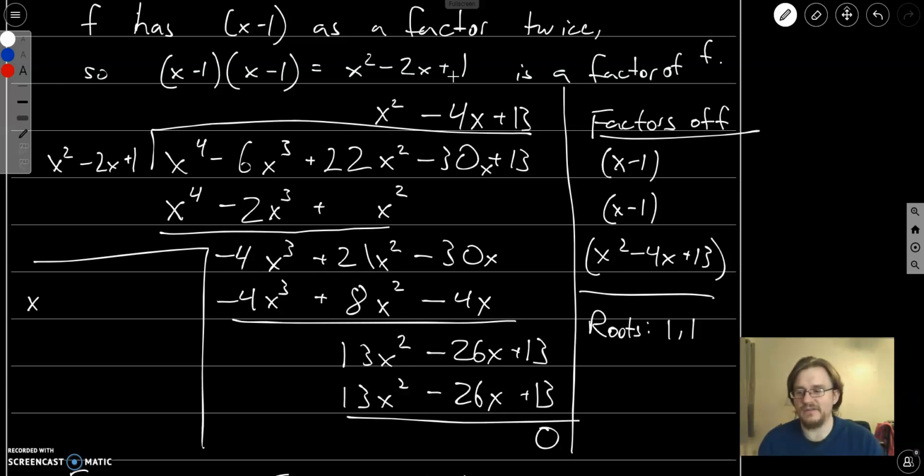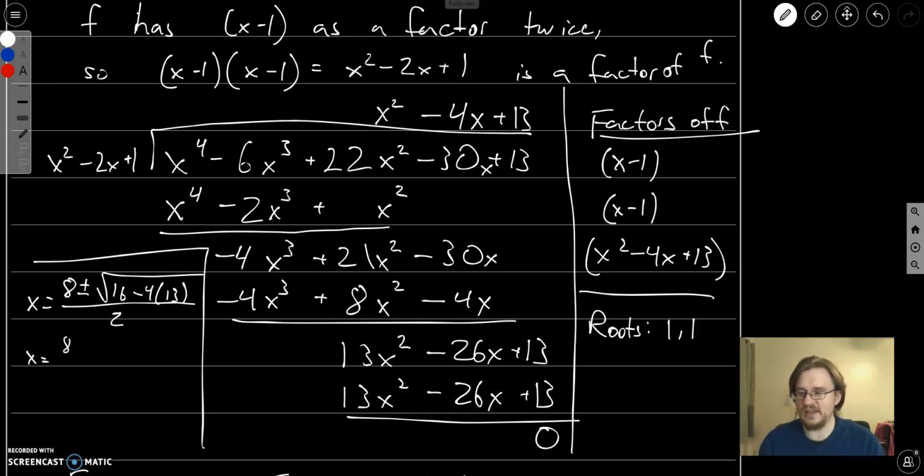So x will be equal to negative b plus or minus the square root of b squared. So negative 4 squared is 16 minus 4 times a times c, all over 2 times a.